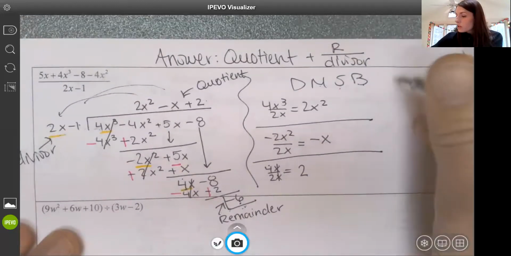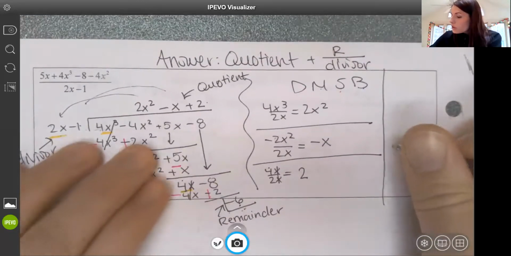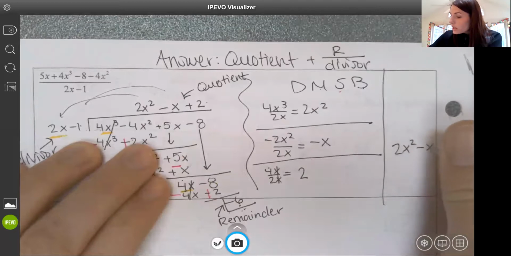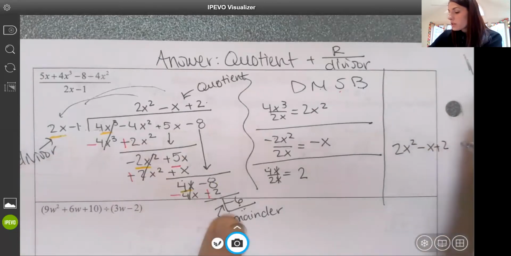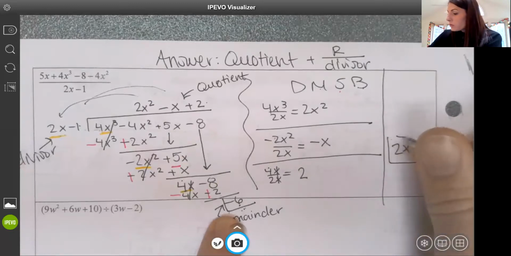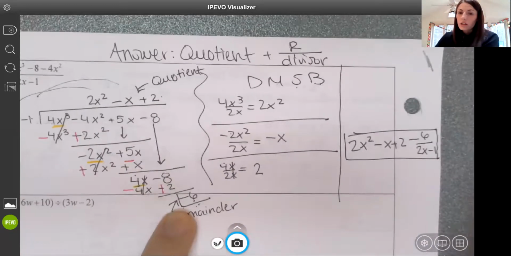So my final answer, I don't really have a ton of space here, would be 2x squared minus x plus 2. And because this is negative, instead of plus 6, I'm going to have negative 6 over 2x minus 1. And there's my final answer.